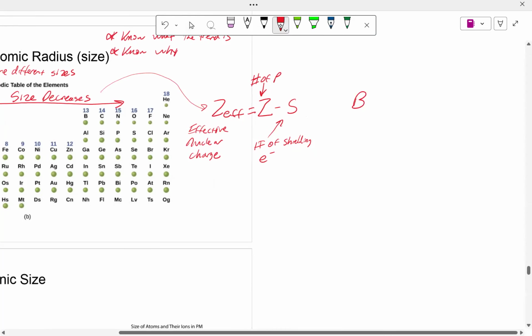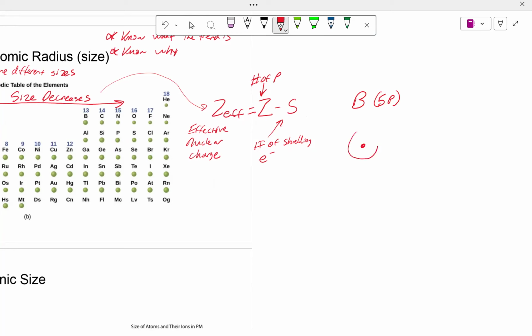Boron has 5 protons. So if I use the Bohr model just to illustrate this, there's the nucleus, and then I have n equals 1 right here, and then n equals 2. So I'm going to put my 2 electrons there in n equals 1. That's like the 1s2. And then 1s2, 2s2, 2p1.